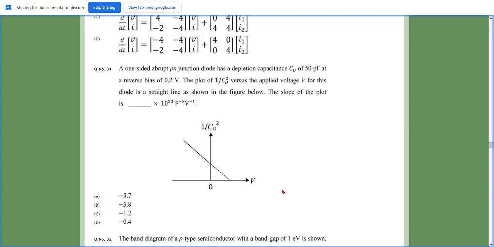The voltage V is applied and then the reverse bias of 0.2, so V plus 0.2 will be there, and the CD value will be dependent as a square root of that voltage. So when you do CD square, it will become proportional to V, and from there when you solve it you will get a relation between CD square and V, and from there the slope will come.